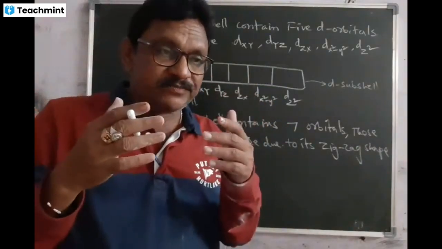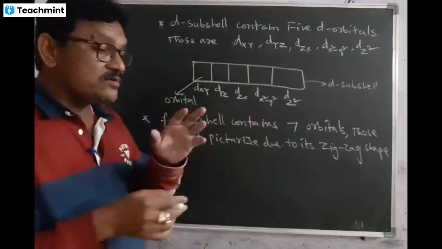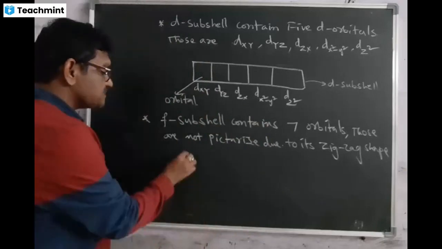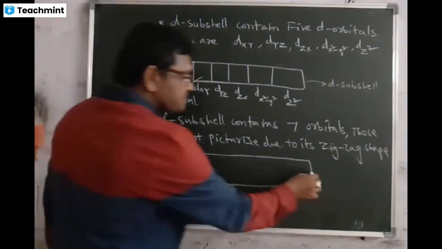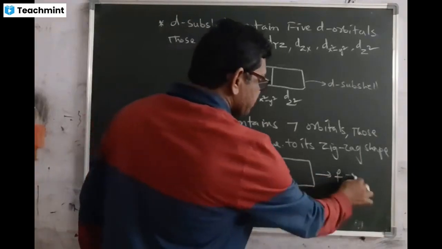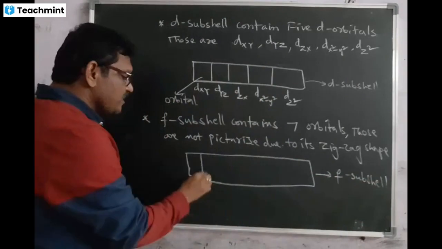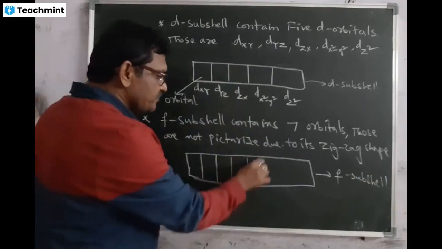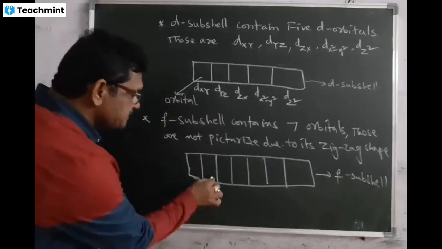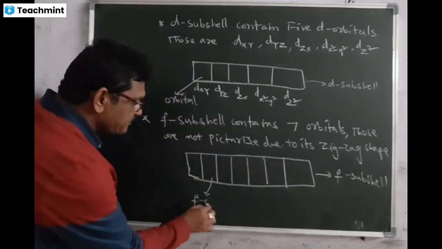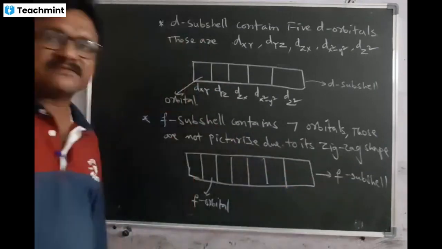Even so, remember that the F subcell contains seven orbitals. This whole box is the F subcell, and it contains seven boxes: 1, 2, 3, 4, 5, 6, 7. Each individual box is an f orbital. Seven orbitals collectively are called the F subcell.